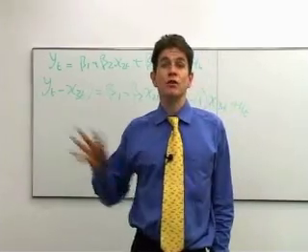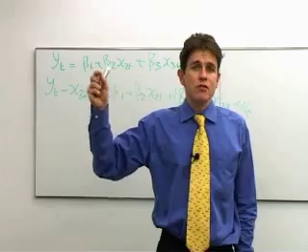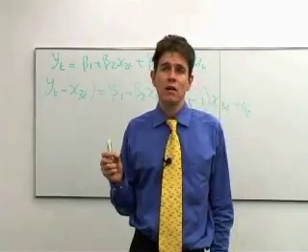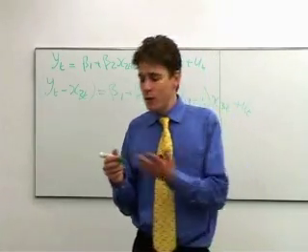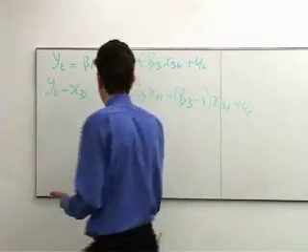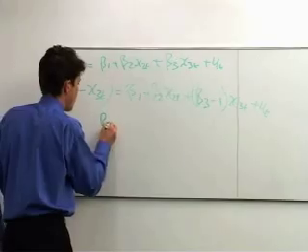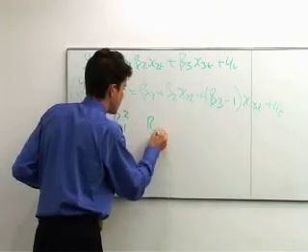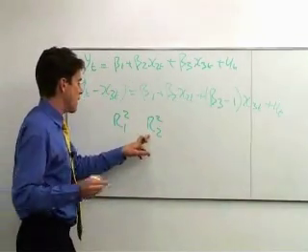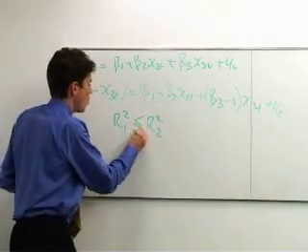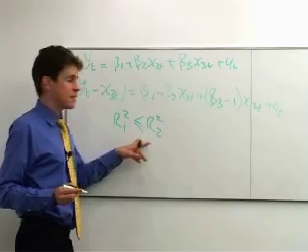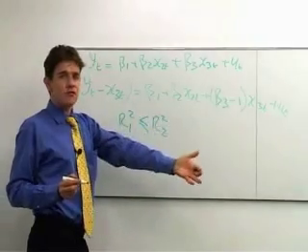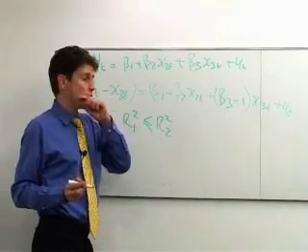Now what we'd like is a goodness of fit measure that allowed us to choose one of these two models that best fits the data. Well, it turns out that if we denote the value of r squared for the first of these regressions by r1 squared, and the value of r squared for the second of these two regressions by r2 squared, r2 squared will always be at least as big as r1 squared. So r squared will never fall if we add an extra explanatory variable into the regression model.